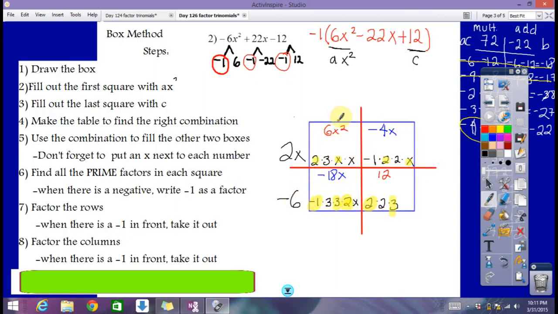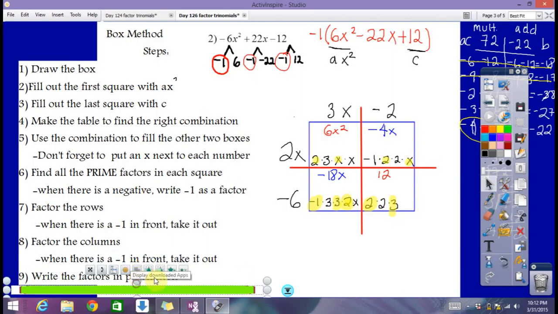Now, what are your leftovers? That is when we factor the columns. So the leftovers are 3x, and the leftover over here is a 2. But you also have a -1 in the front, so we have to take it out. And the last step will be to write the factors in parentheses.